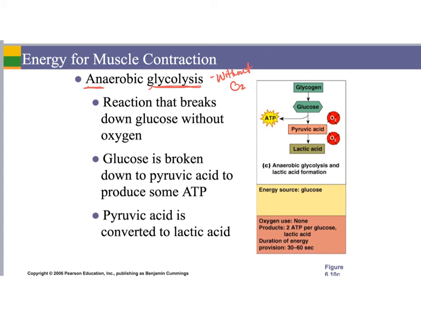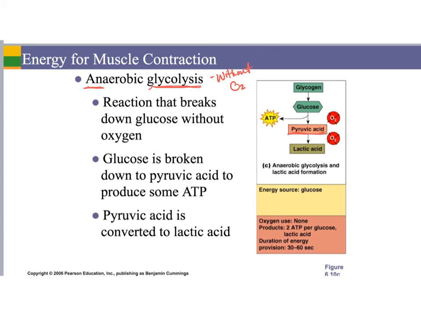So without oxygen, we can't move into the citric acid cycle or the electron transport chain. So instead, there's got to be some way to regenerate that NAD, the electron carriers and everything. So if we don't have oxygen available, the pyruvic acid doesn't break down.